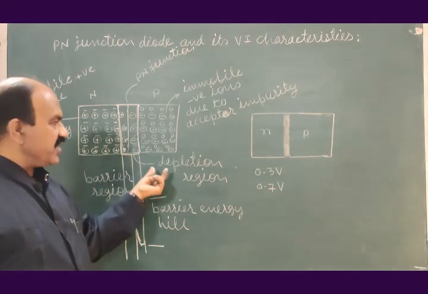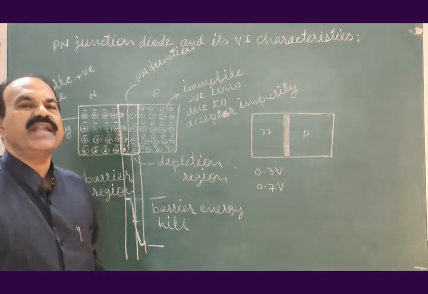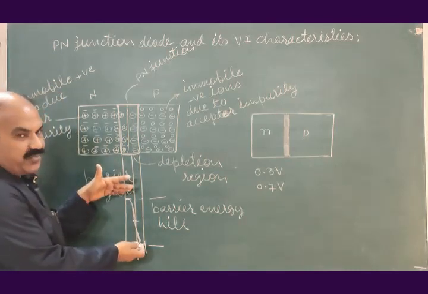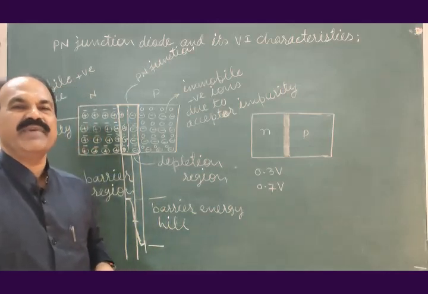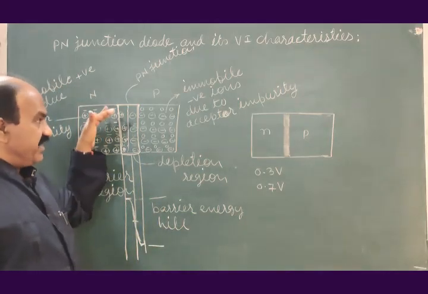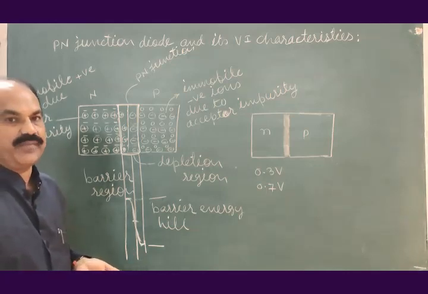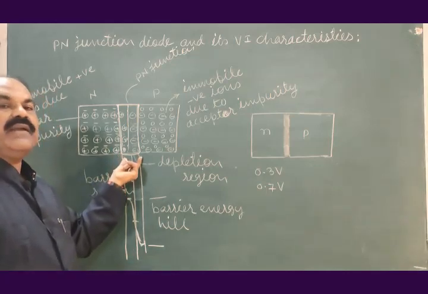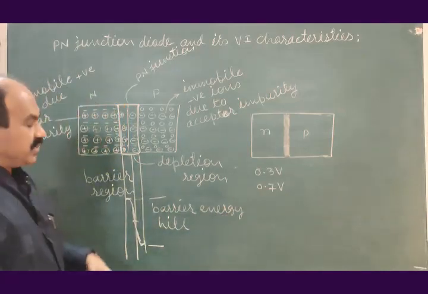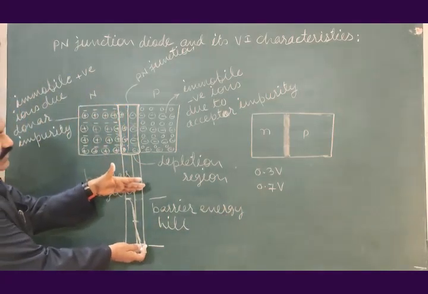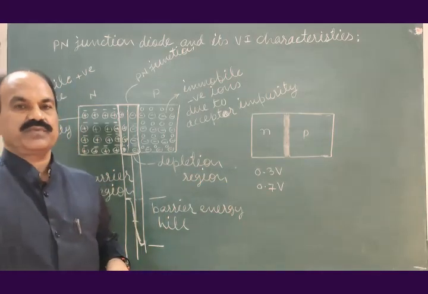The height of the barrier potential will be equal to 0.3 volt for a germanium diode. If this diode is constructed using a silicon semiconductor, the height of the barrier energy hill will be equal to 0.7 volt.